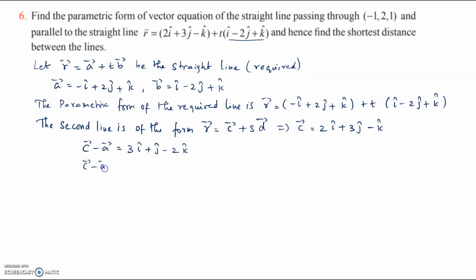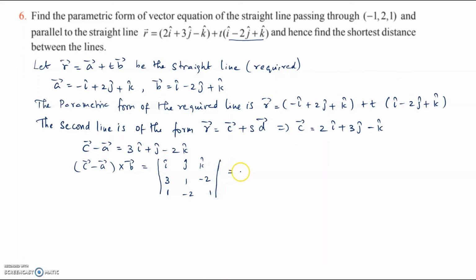Next we need to find c minus a cross product with vector b, which will be given by the determinant i cap, j cap, k cap. Our vector c minus a has coefficients 3, 1, minus 2, and vector b coefficients are 1, minus 2, and 1.